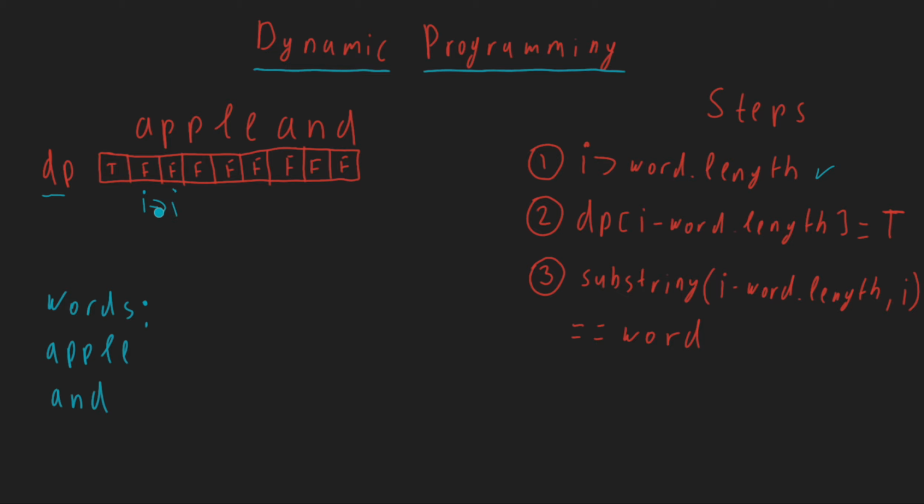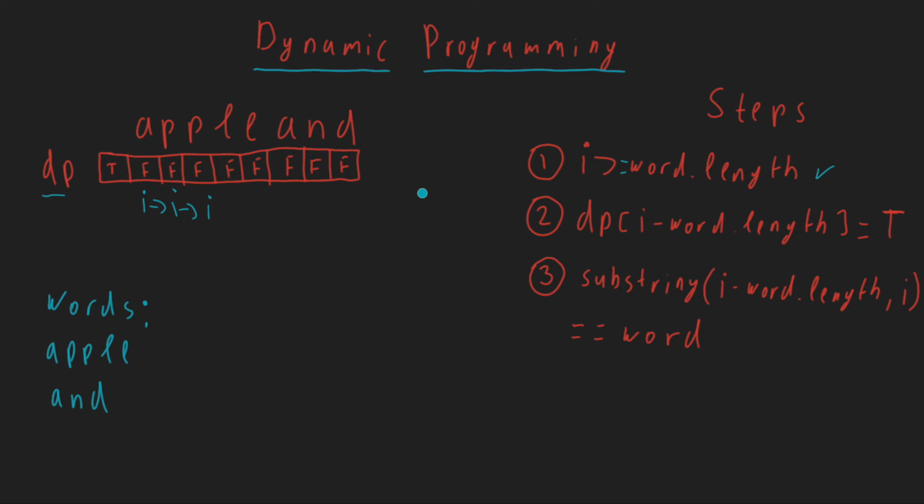What's our next step? Let's say that we are at this point, where i equals 3 and we have app, and we are checking against the first word, and. So i should be more than or equal to the word length. The next check is that we need to have already solved the problem that comes before it.